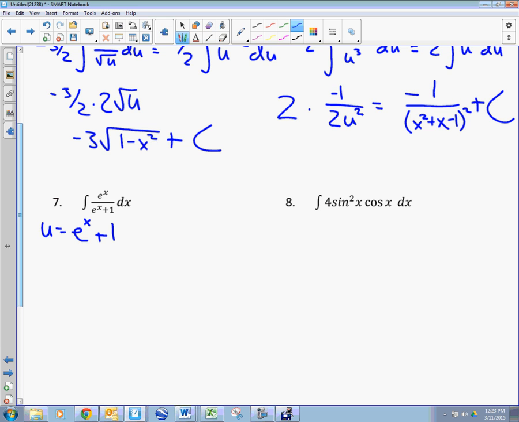So u is e to the x plus 1. Du is equal to e to the x dx. That was sweet, because those go away, and e to the x plus 1 I'll replace with u. So I have the integral of 1 over u du.